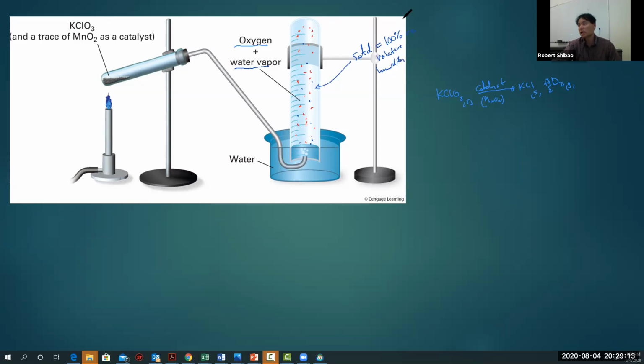It might be unsaturated. Unsaturated would be like dry air. Dry air is not saturated with water. If you go to an indoor swimming pool or an indoor fountain, you'll notice that the air is a lot more humid. And if it's been equilibrated, then the air has been 100% saturated, meaning it's reached its maximum humidity. That is, the evaporation rate is equal to what we call the condensation rate.